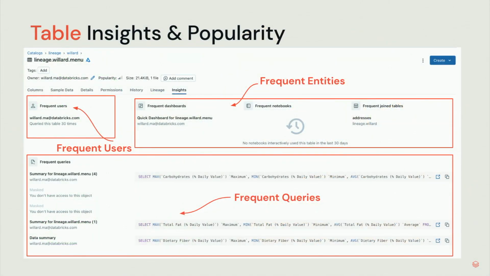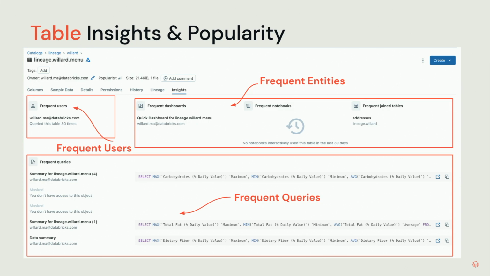And we also hear the customer feedback. For the high demand feature, we are able to provide the curated table insights and popularity in the Data Explorer. By aggregating the lineage data, you are able to find the frequent users, frequent notebooks, frequent dashboards, and frequent queries in the Data Explorer now.